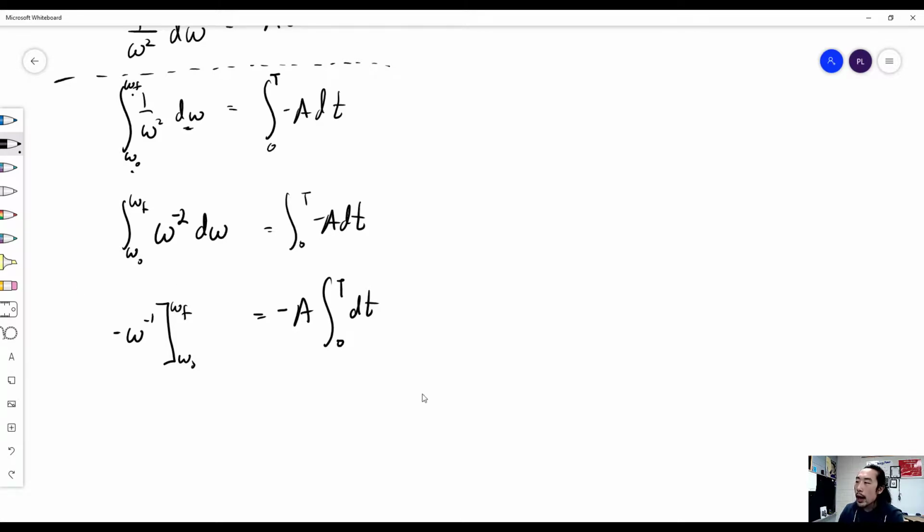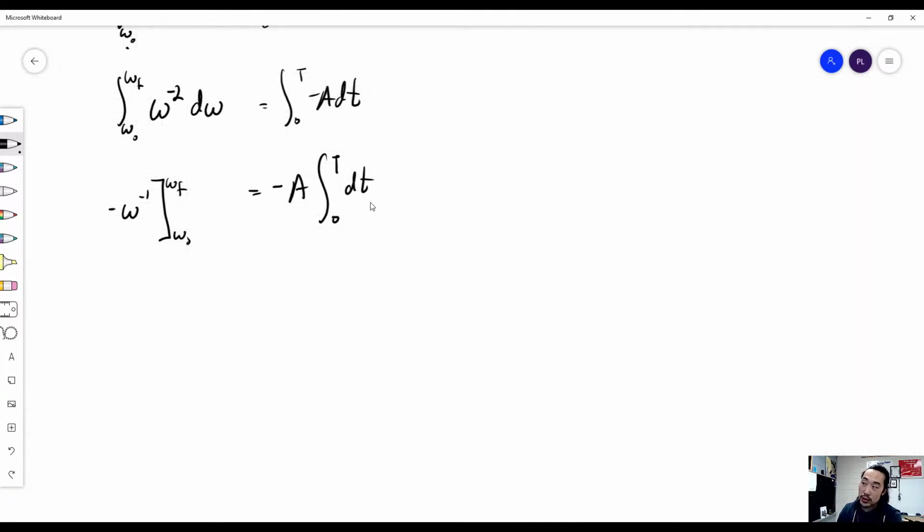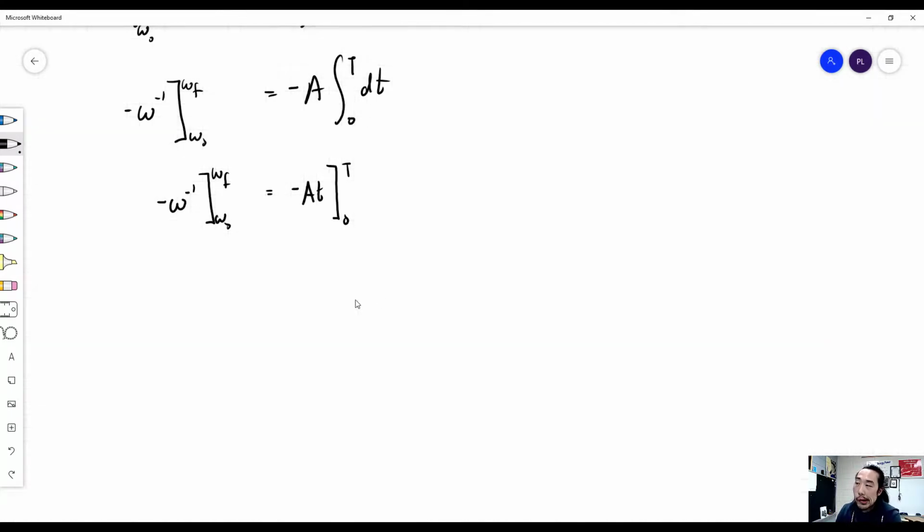All right. Now, from there, I can integrate it because that dt has time in it. So here we have negative omega to the negative 1, omega initial, omega final, and the integral of the dt simply becomes t from 0 to t, and that's one of those special rules. Okay, all right. Now at this moment, we're almost there.